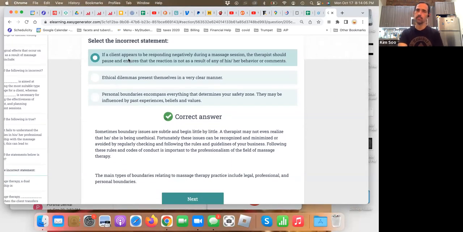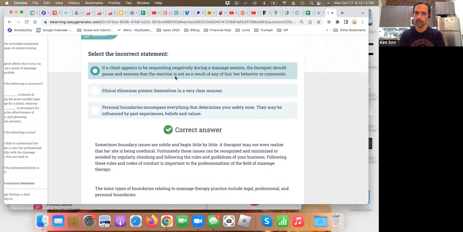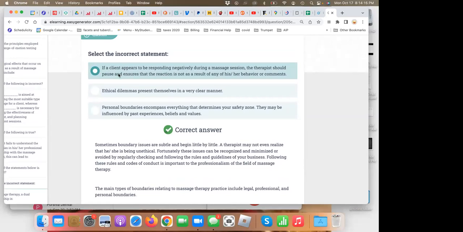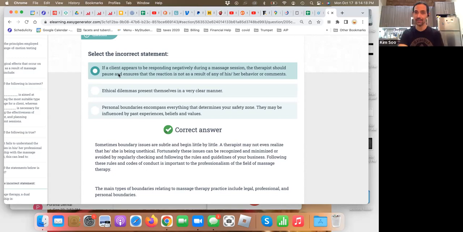Yeah, so let's keep in mind that MBLEx doesn't want you to have a conversation with a client if the client appears to be responding negatively during the massage, to assure that the result is not due to the therapist.